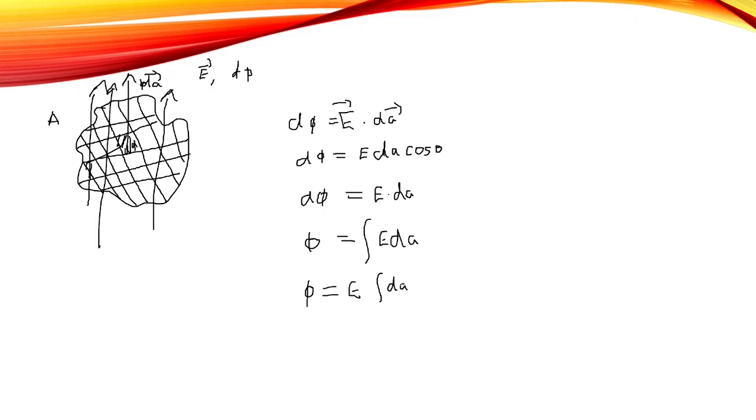This is also an important equation, which you need to apply where the shape is an arbitrary shape. That means there is a random shape and you don't know how to find electric flux, so you need to apply this equation. We can write it in our red pen, that is phi is equal to E integral of dA. Let's put this in a box.